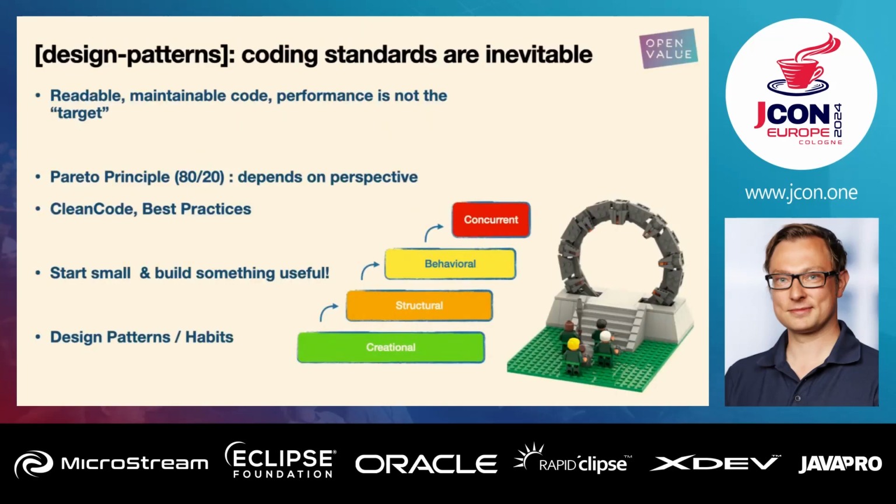This leads me to the coding standards in working software, which are just inevitable. So you cannot get rid of them. If you would love to produce software that you can share across teams, your peers, and so on, you need to develop some habits.